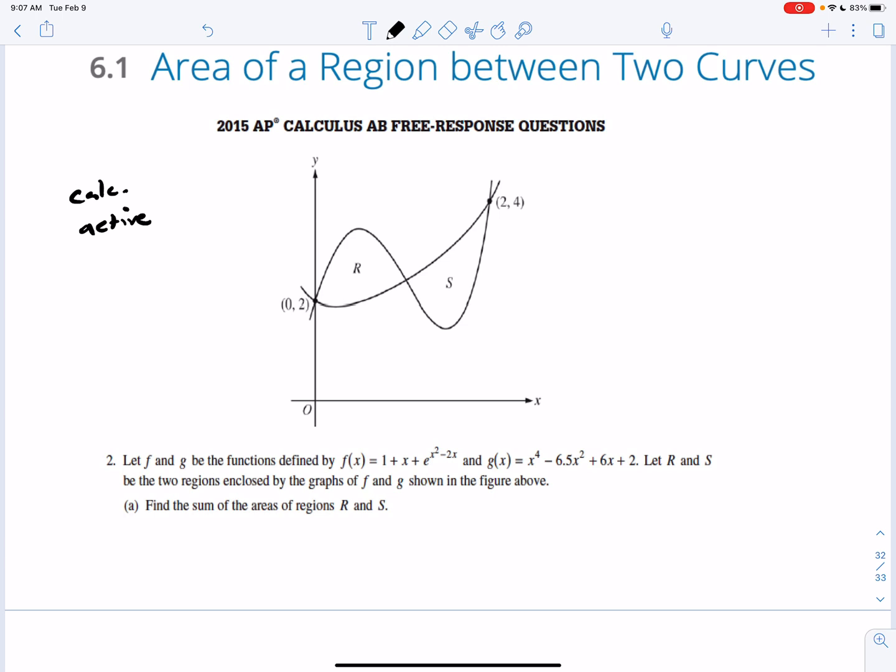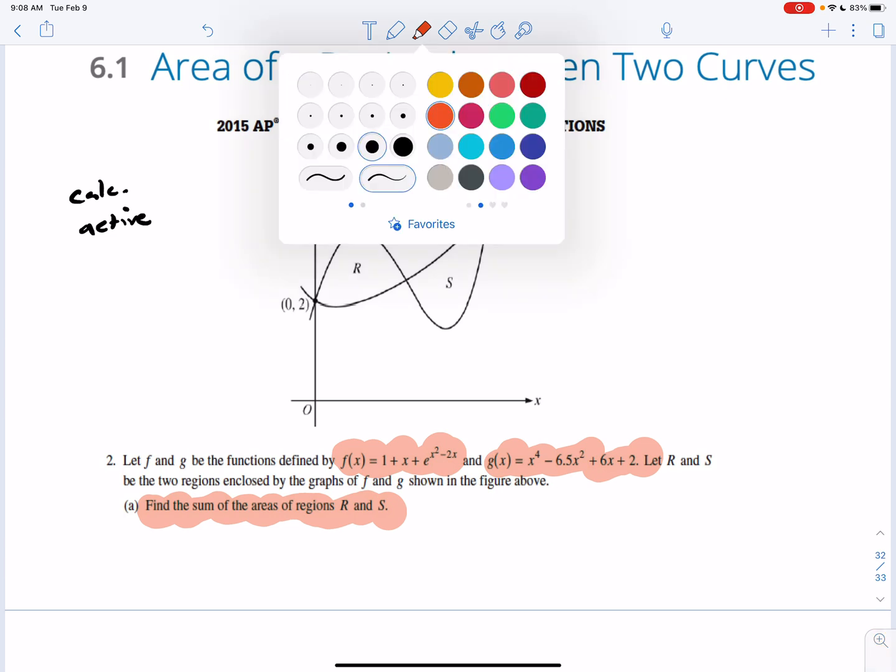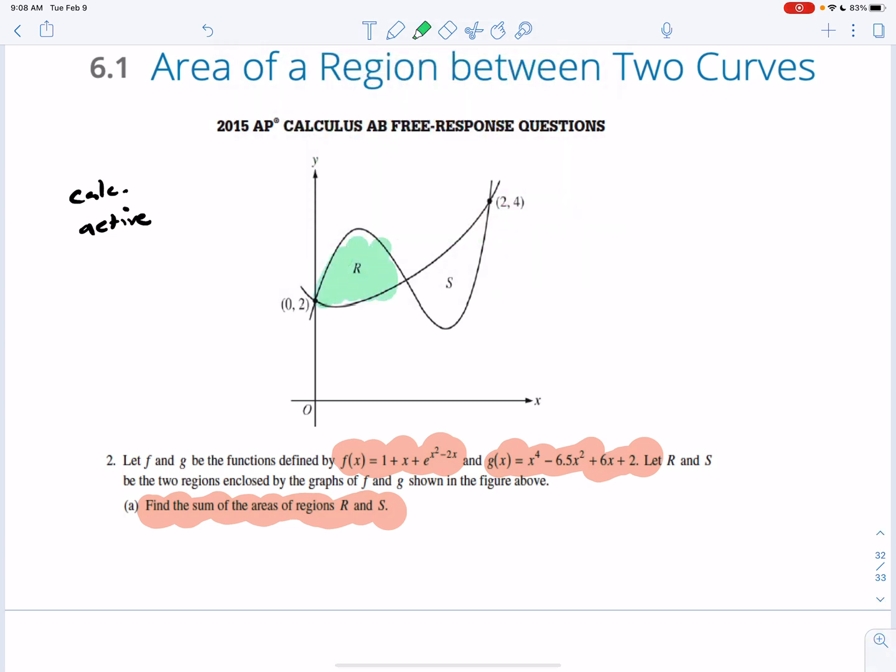We have these two functions f and g. Find the sum of the areas of regions R and S. Just like what we did before, right? R and S. Okay, so try it out on your own. And then press play when you're ready or if you need help.